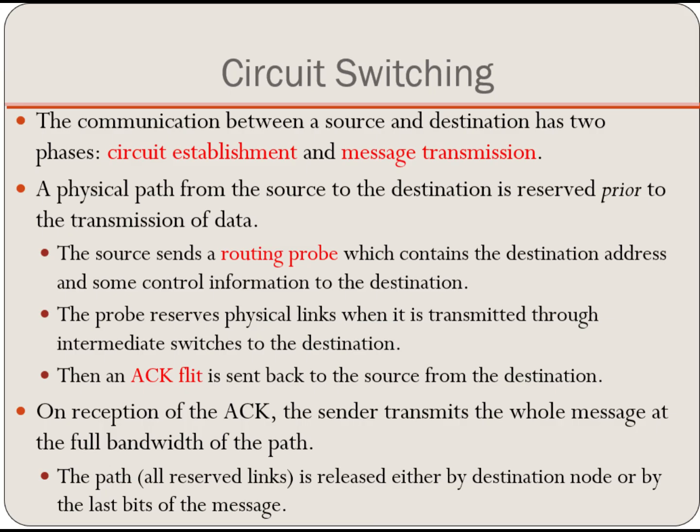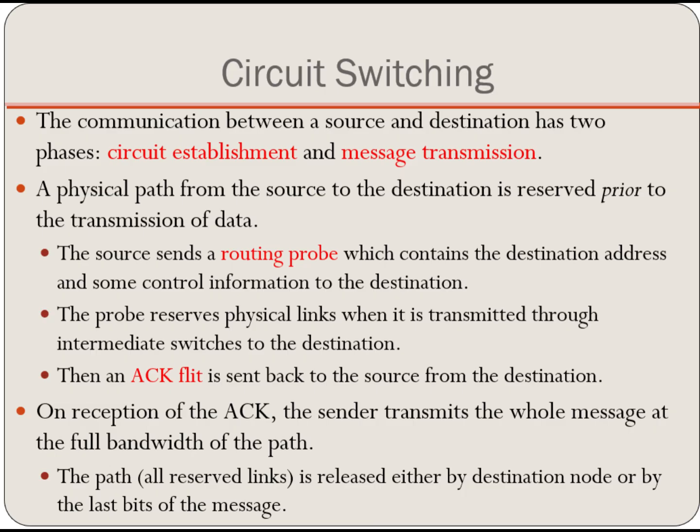The reason to do that is that the routing is decided from the center. Otherwise, you don't know whether this probe can succeed or not, right? So if the probe goes through one link, then you make a reservation.